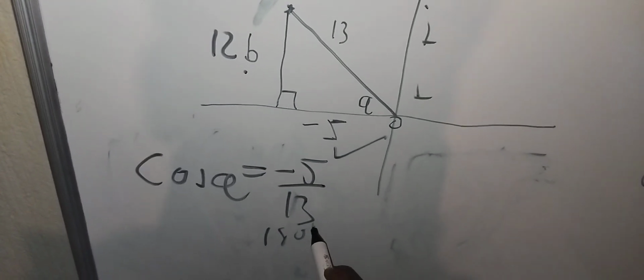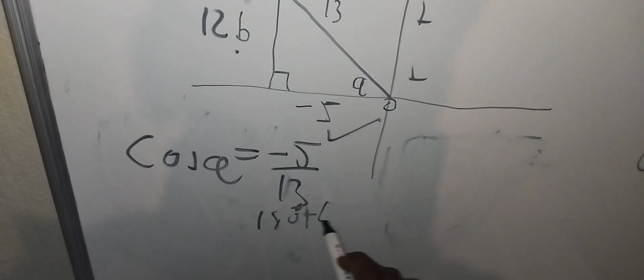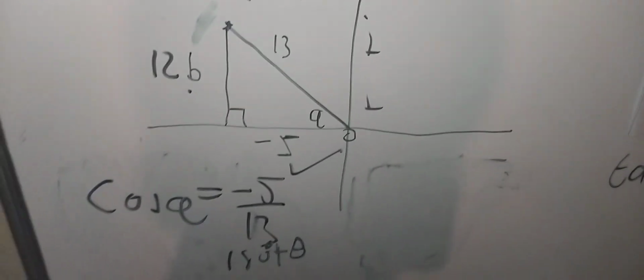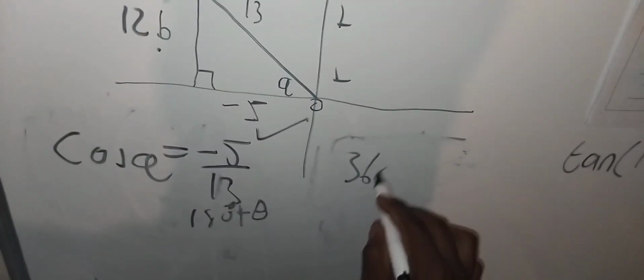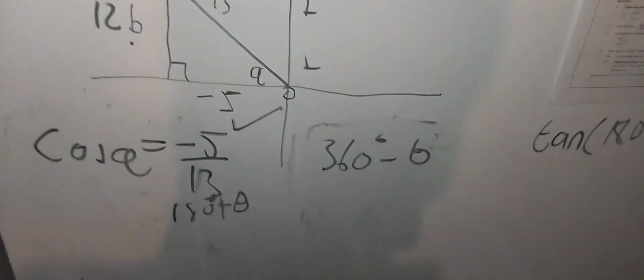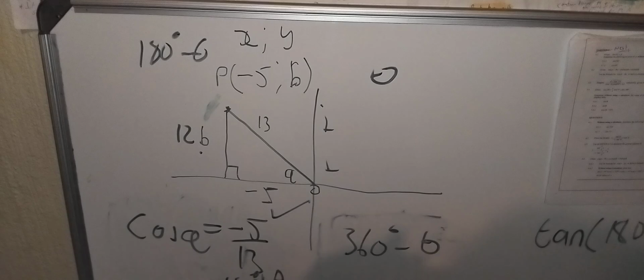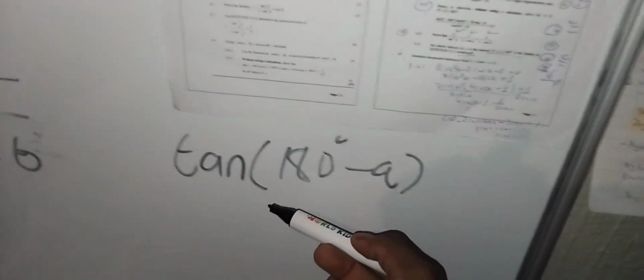In the third quadrant, it's 180 degrees plus theta, and in the fourth quadrant it's 360 degrees minus theta. Then we apply reduction. Because it's in the second quadrant, we know that it's tan of 180 degrees minus alpha. That means this is in the second quadrant, and we ask ourselves, how does tan behave in the second quadrant?